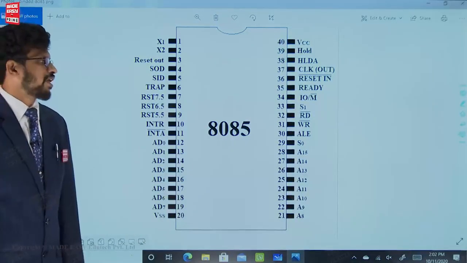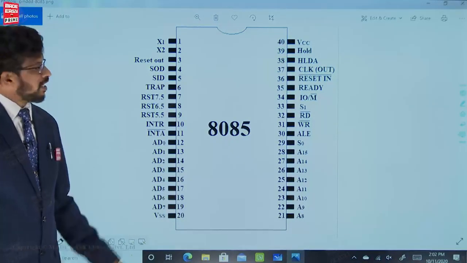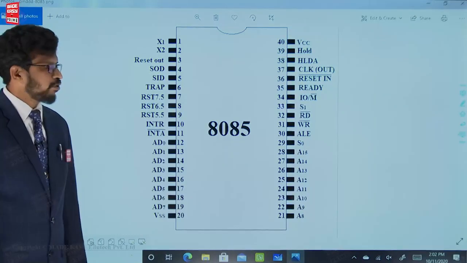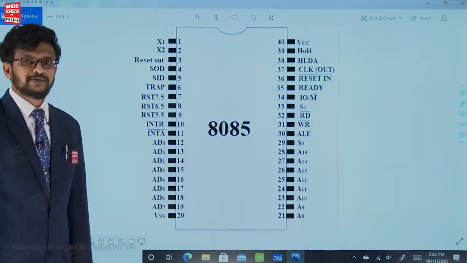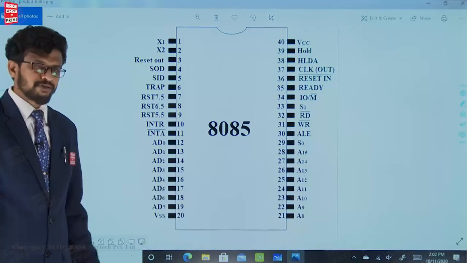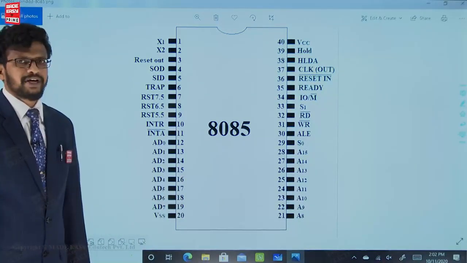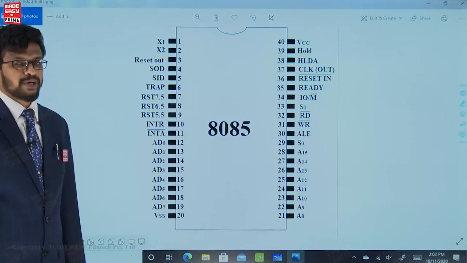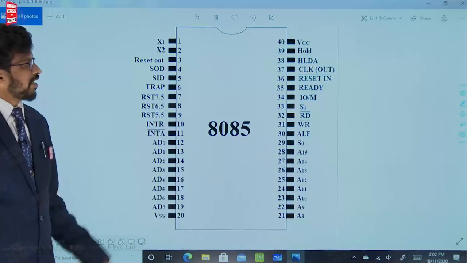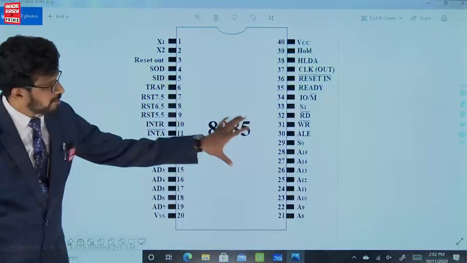Later on, they went for other high-end processors because 8085 was handling only a small amount of memory; because address lines are 16, a maximum of 64 KB can be connected. So they went for 8086 where 20 address lines are possible, and 2 to the power 20, that is 1 megabyte, is possible. Fine.